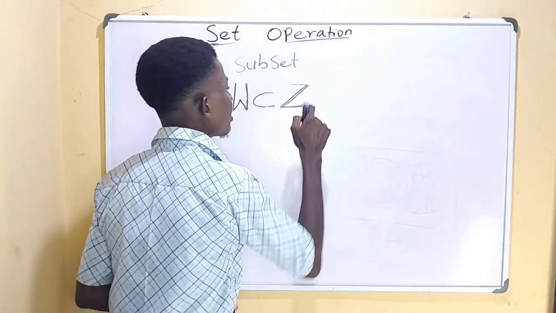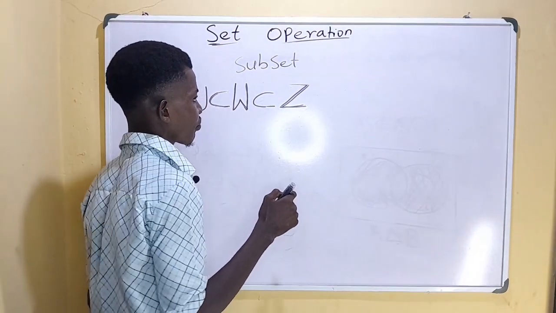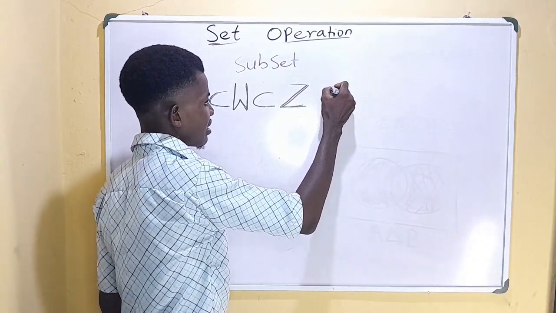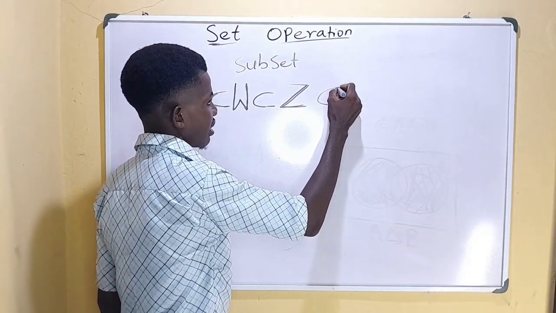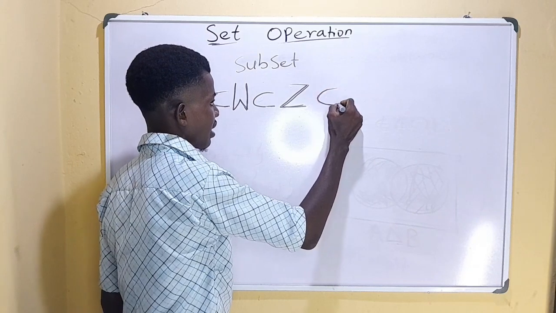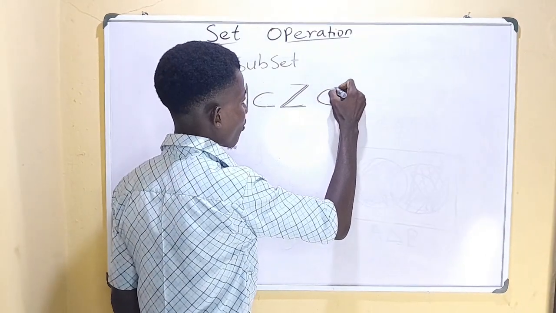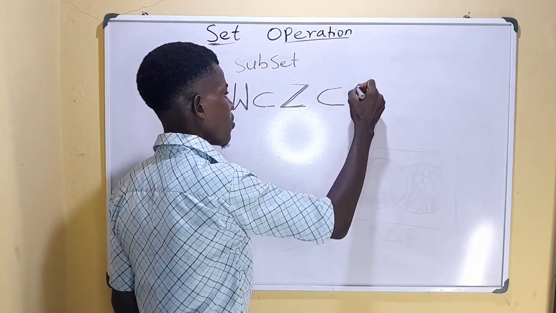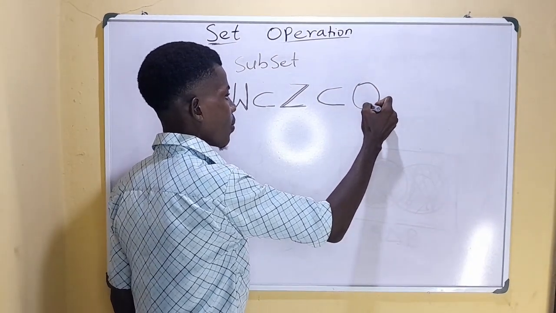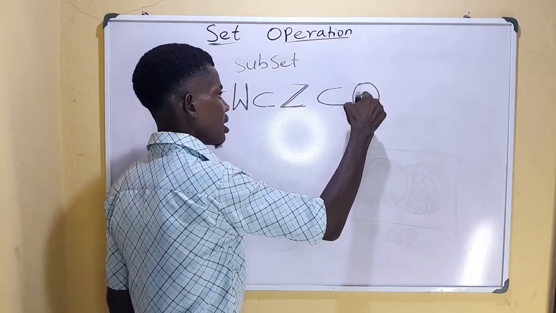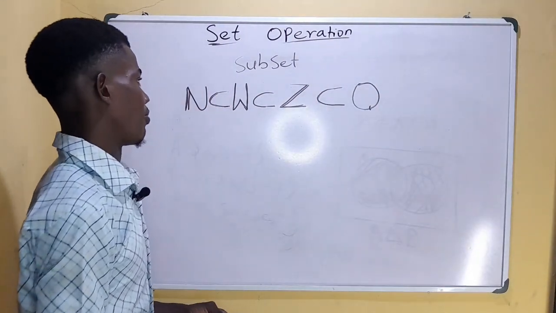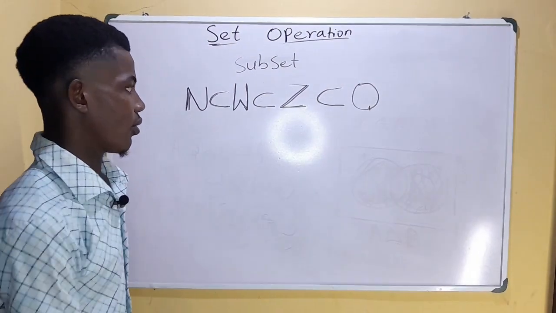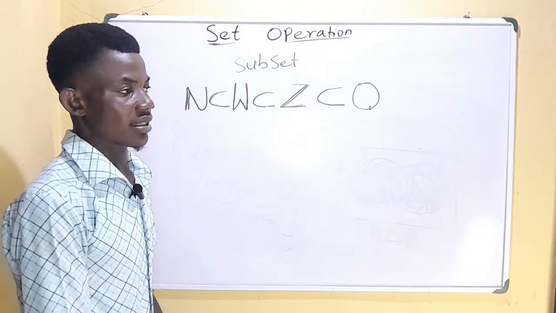Now, integers are a subset of rational numbers.